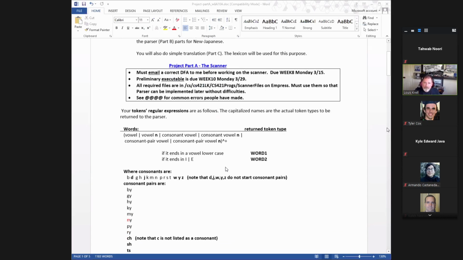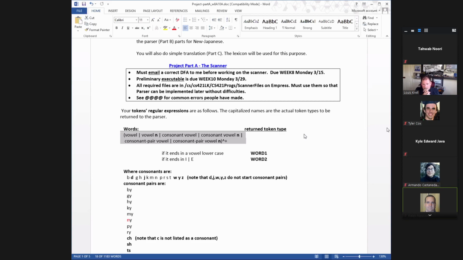The regular language that's going to be accepted: all of the Japanese words that your projects are going to accept are going to be in the form of a vowel, or a vowel followed by the character N, or a consonant followed by a vowel, or a consonant followed by a vowel followed by an N, or a consonant pair followed by a vowel, or a consonant pair followed by a vowel followed by an N. And you can see at the end there, it's to the plus. And what does the to the plus mean?